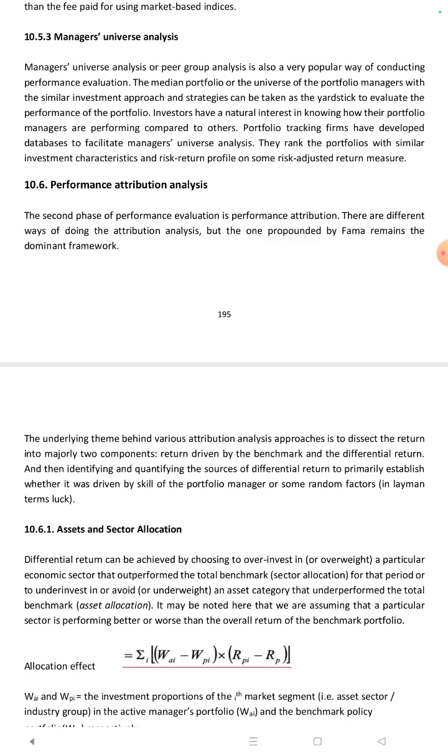Performance attribution analysis. The second phase of performance evaluation is performance attribution. There are different ways of doing the attribution analysis, but the one propounded by Fama remains the dominant framework.